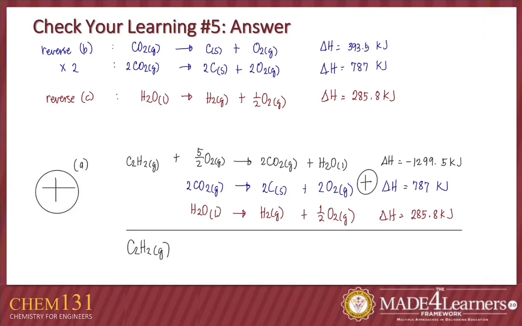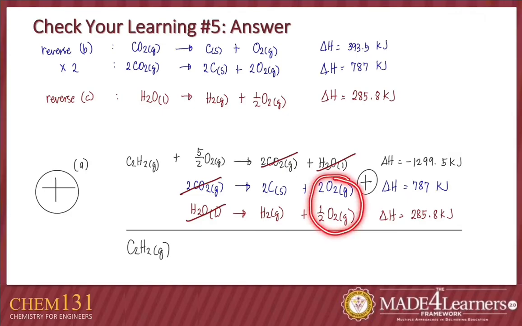Si carbon dioxide here on the left side. And we have CO2 here on the left side as well. So, makancel na siya nato. Let's cancel that. And then si water. We have water here and another water here. So, we can also cancel that one.